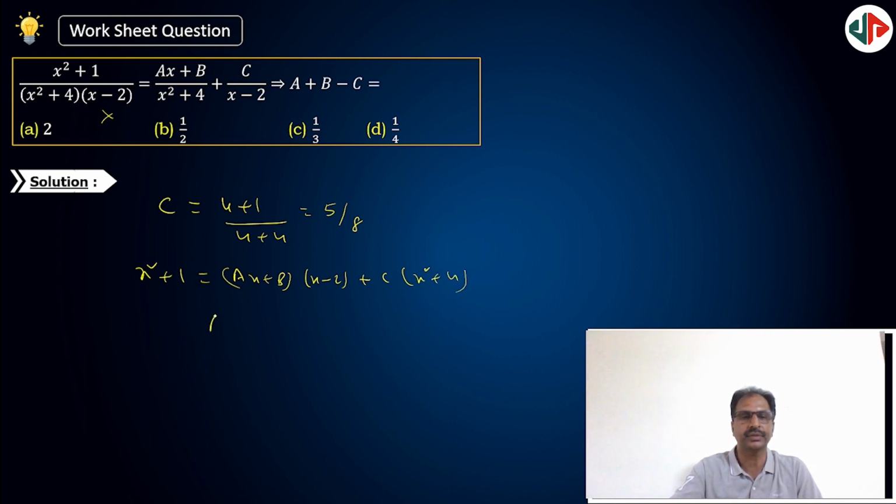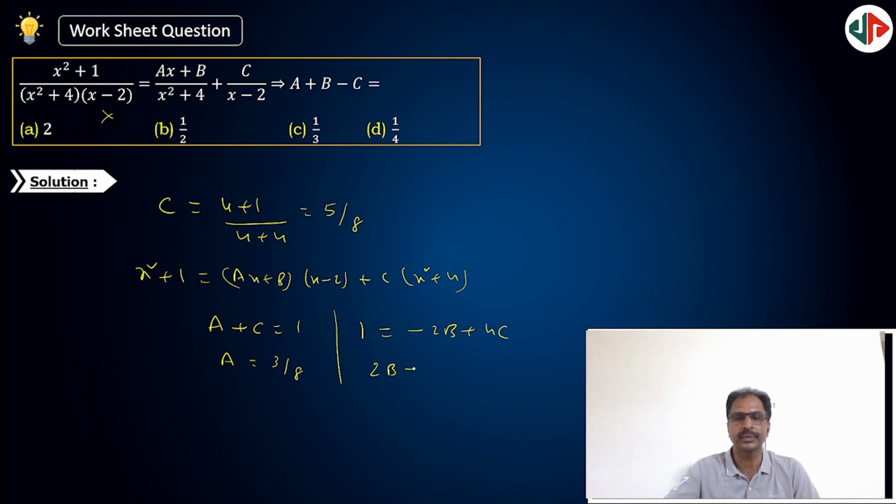Comparing x square coefficients on both sides, a plus c is equal to 1. So a is equal to 1 minus 5 by 8, which is 3 by 8. Comparing constants on both sides, 1 is equal to minus 2b plus 4c. From that, 2b is equal to 4c minus 1, which is 5 by 2 minus 1, 3 by 2. So b will be 3 by 4.